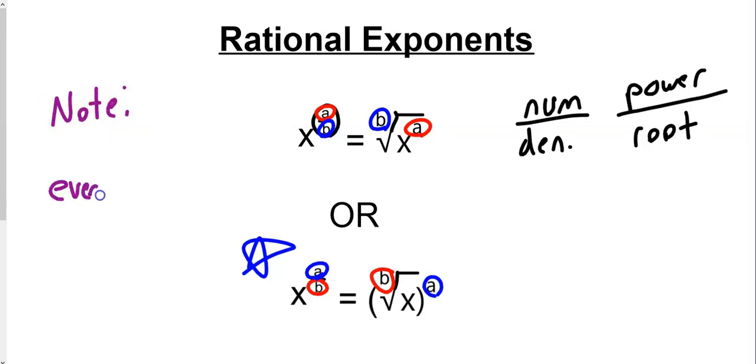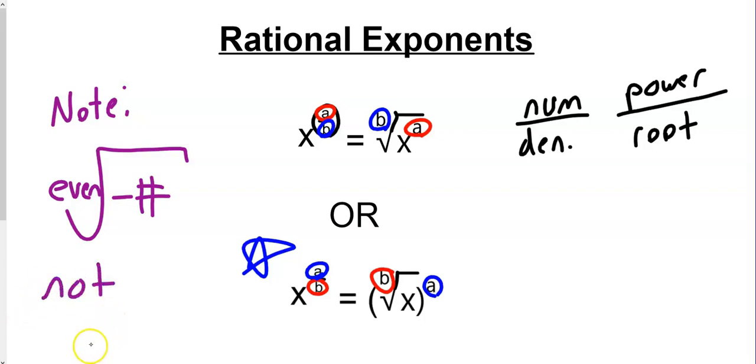Anytime you have an even root with a negative number under it, this does not come out nice. It is not a real number. In fact, it comes out to be what we call a complex number, which we'll get to towards the end of chapter 5. Okay?